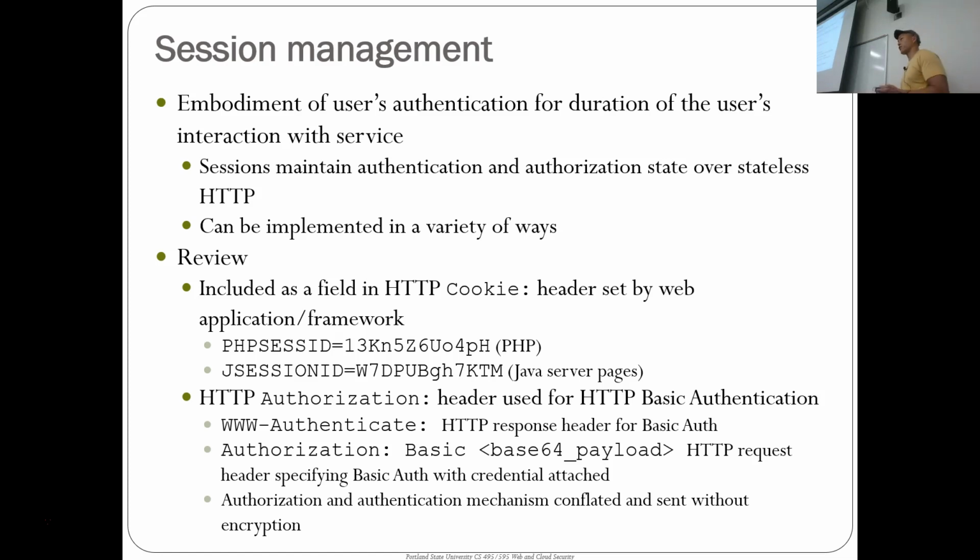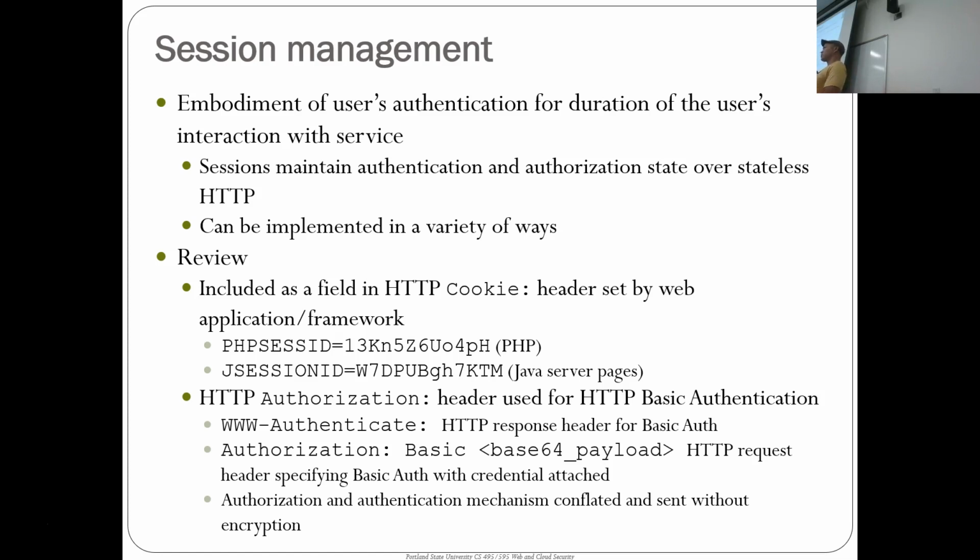The other way we talked about this was with the HTTP authorization header. So we talked about basic authentication in HTTP. When you are accessing a protected resource, the server will require you to supply credentials, and it will send in the response header this www-authenticate header. It challenges you: supply a username and password.